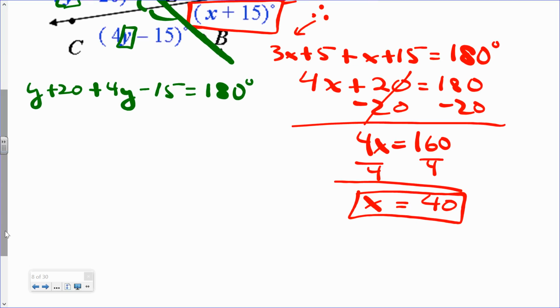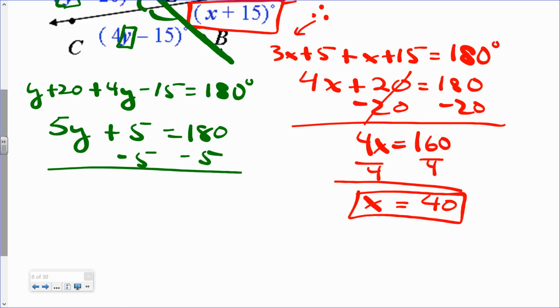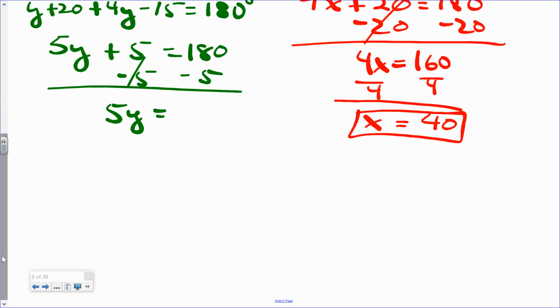Let's do this. 4y minus 15 plus y plus 20. So like terms, the 1y and the 4y make what? 5y plus 5 equals 180. Let's start solving for y now. 5y then is 175.